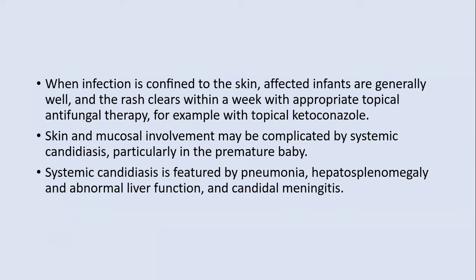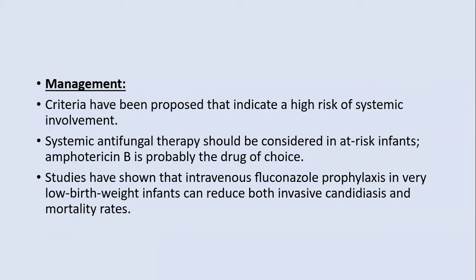Skin and mucosal involvement may be complicated by systemic candidiasis, particularly in premature babies. Systemic candidiasis is characterized by pneumonia, hepatosplenomegaly, abnormal liver functions, and even meningitis, which is serious.